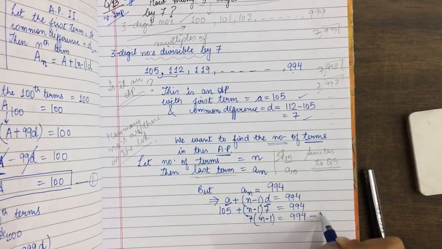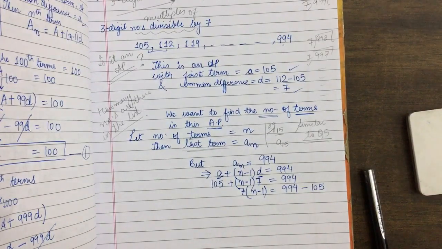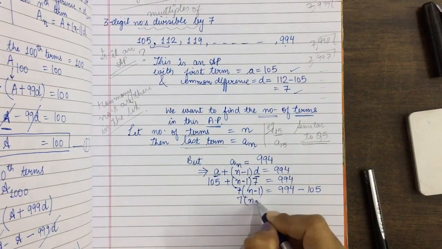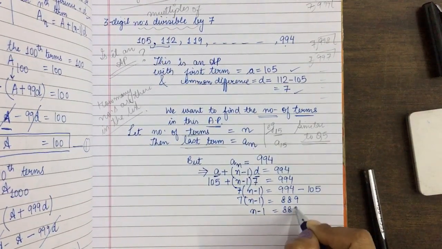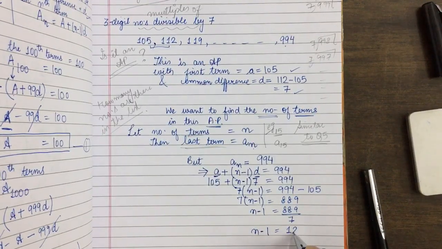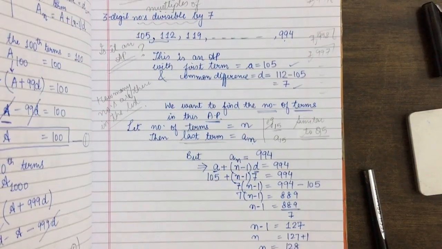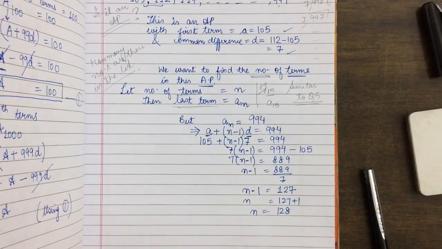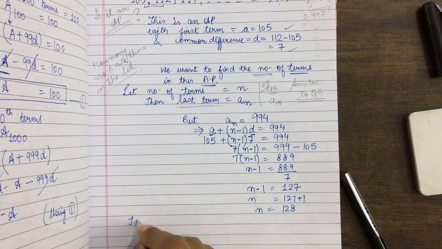Now it's simplification to find the value of n. Take your time. So from here you can see that there are 128 terms in this list.